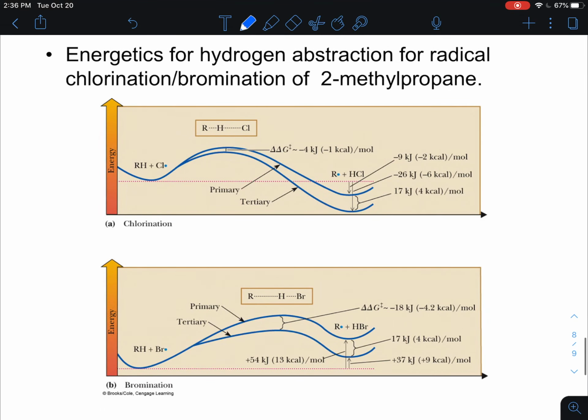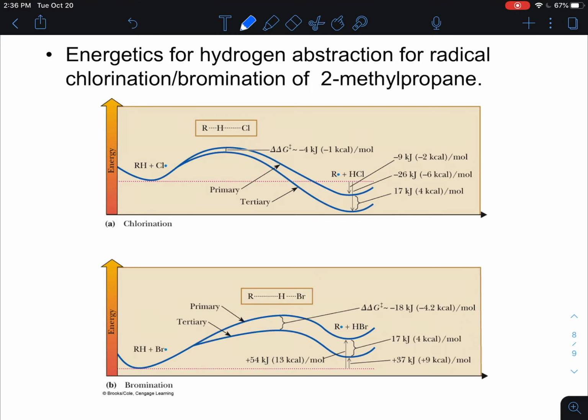So lastly here, we can kind of look at the energetics of these steps just to kind of show you what's taking place. So really what it's showing you is the reactant, product, and transition state energy, so we can kind of think about how all this works.